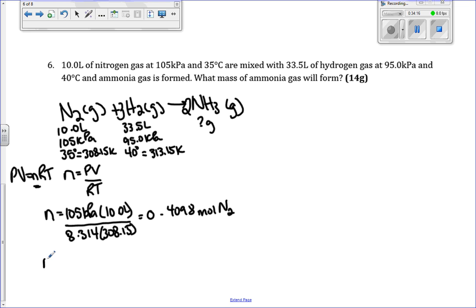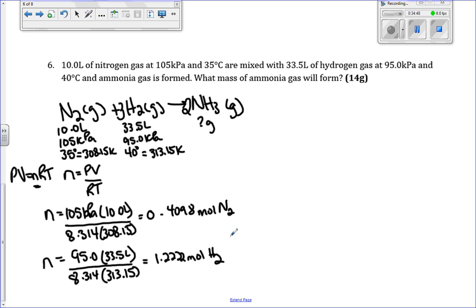Same thing for hydrogen. We have 95 kPa times 33.5 liters divided by 8.314, the R constant, times 313.15. And you should get a value of 1.222 moles. You should be keeping all of your decimals.